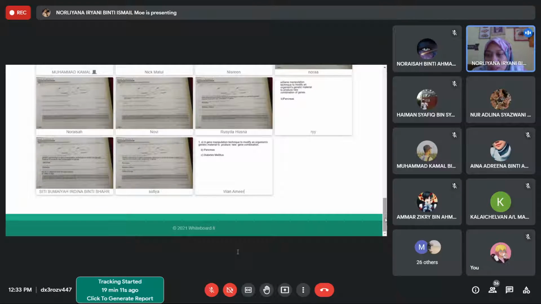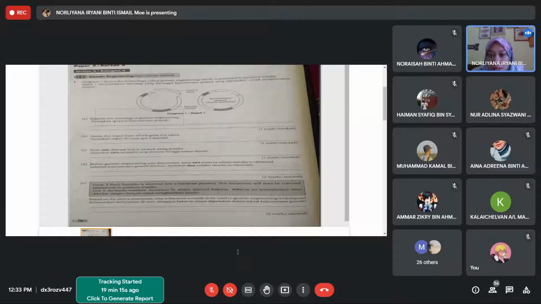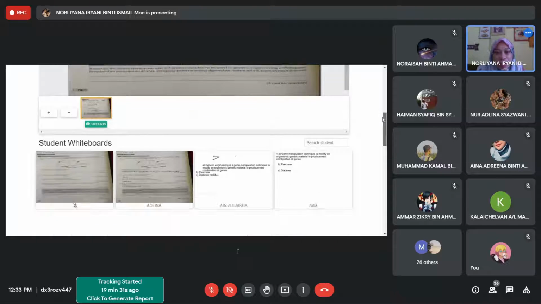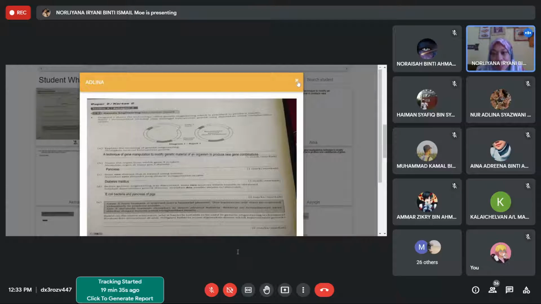Okay, now we are going to look at the third question. So now you have got 2 marks. Now we are looking at C. State one disease that is treated using insulin. I saw just now many of you wrote diabetes mellitus.